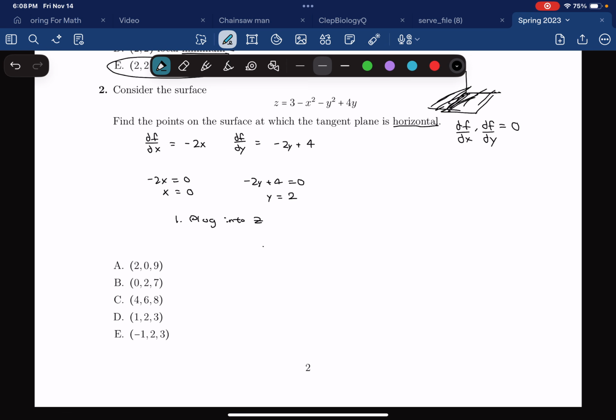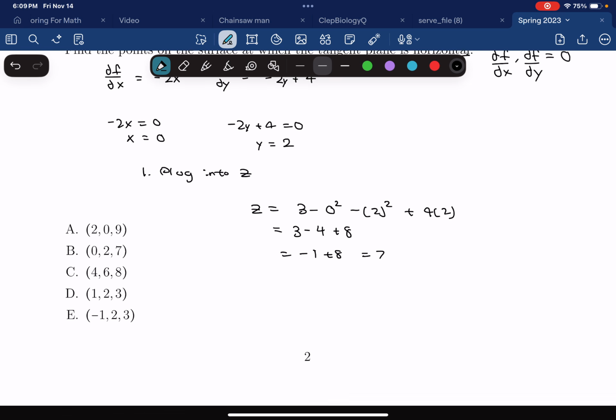So z is equal to 3 minus 0 squared minus 2 squared plus 4 times 2, which becomes 3 minus 4 plus 8, which is negative 1 plus 8, which is equal to 7.